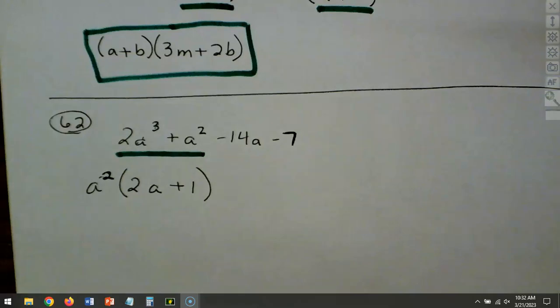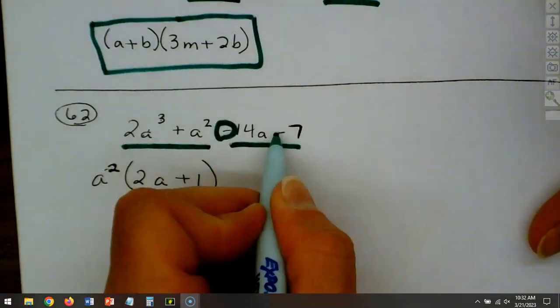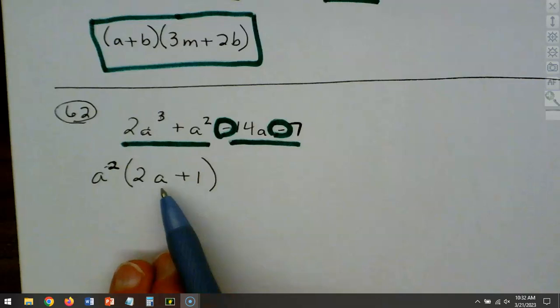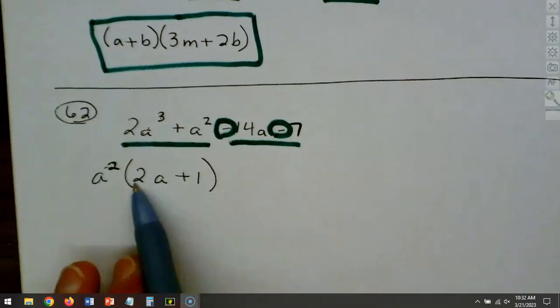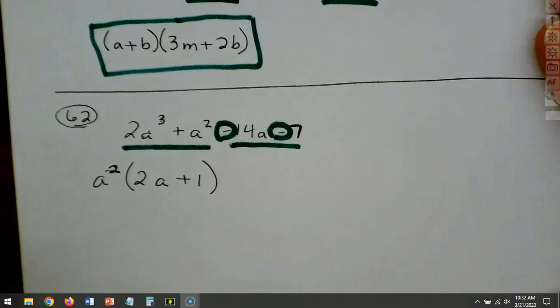Now look at the next 2 pieces. Notice how those are both negative, aren't they? We want to factor out so it looks like this. In this case, they're both positive. So how can we fix that? Well, we're going to have to factor out a negative number, right? They're both negative.